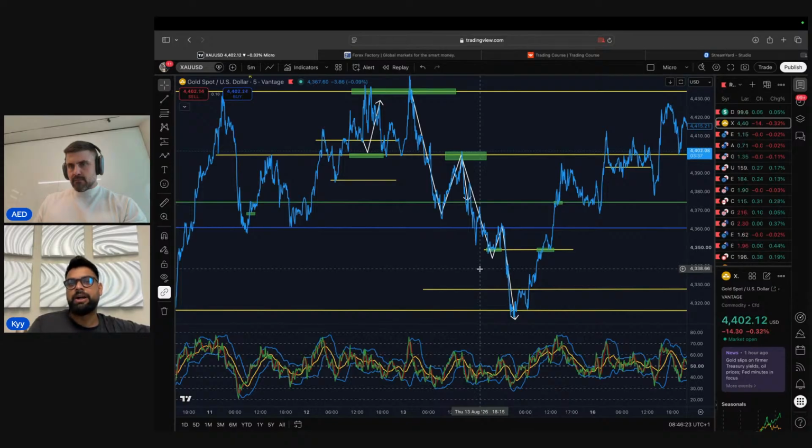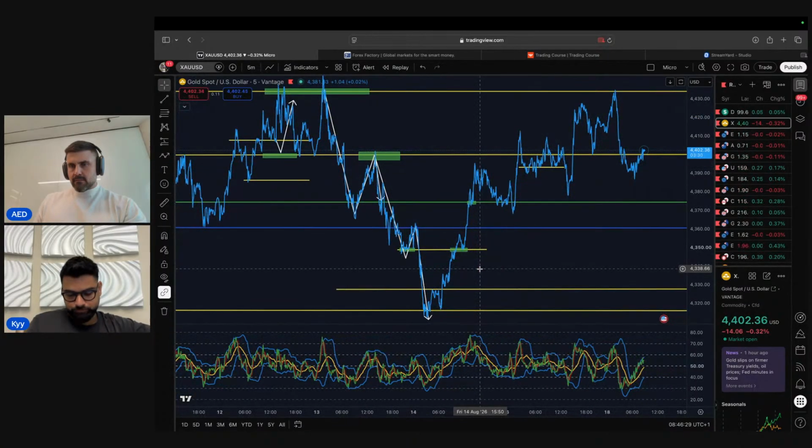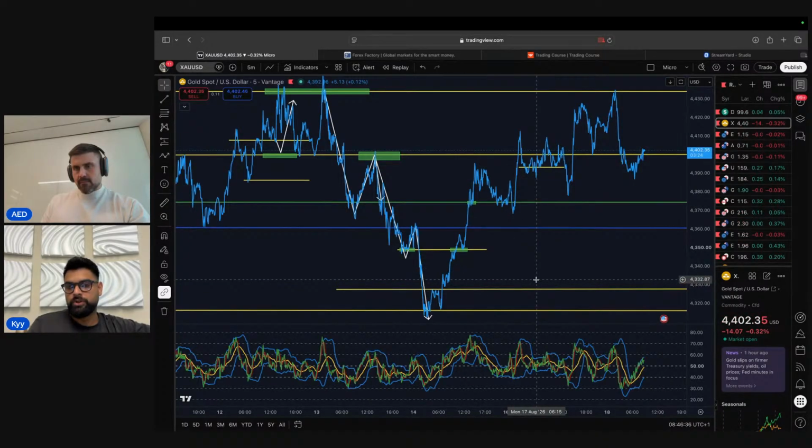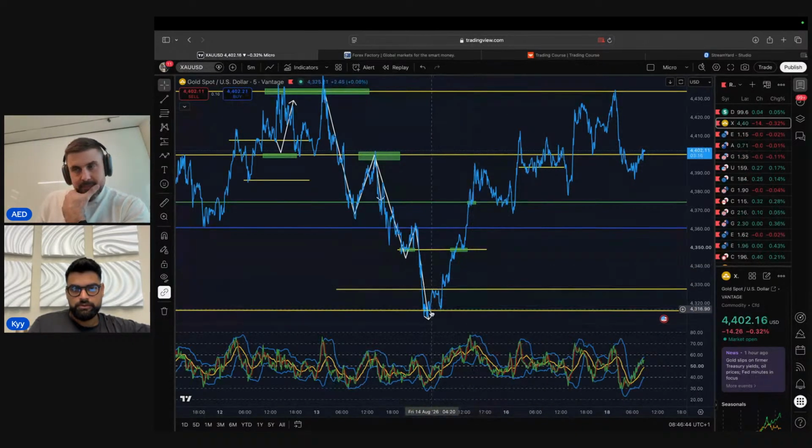That's why we are here trading the trend. And now with the markets being in consolidation, it's only reasonable to look for consolidation moves. Do you want to add anything on, Alex? No, I think you've pretty much mapped it out.